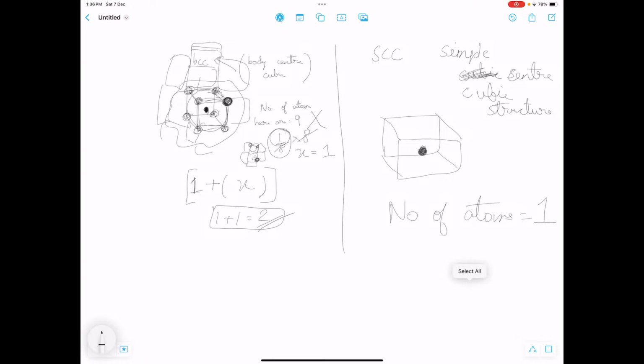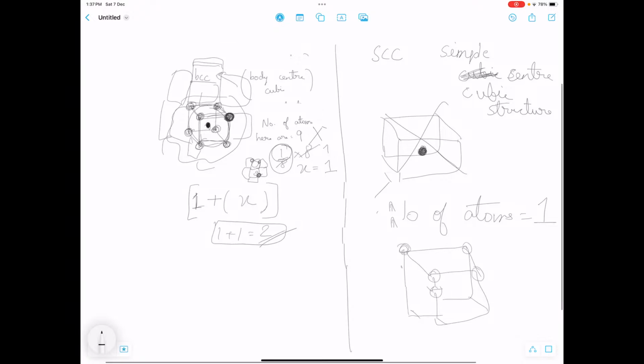But there's a catch here. So this 1 atom is not because of this. This structure is wrong. This is the right structure. A cube and all the atoms on every corner, like we did here.